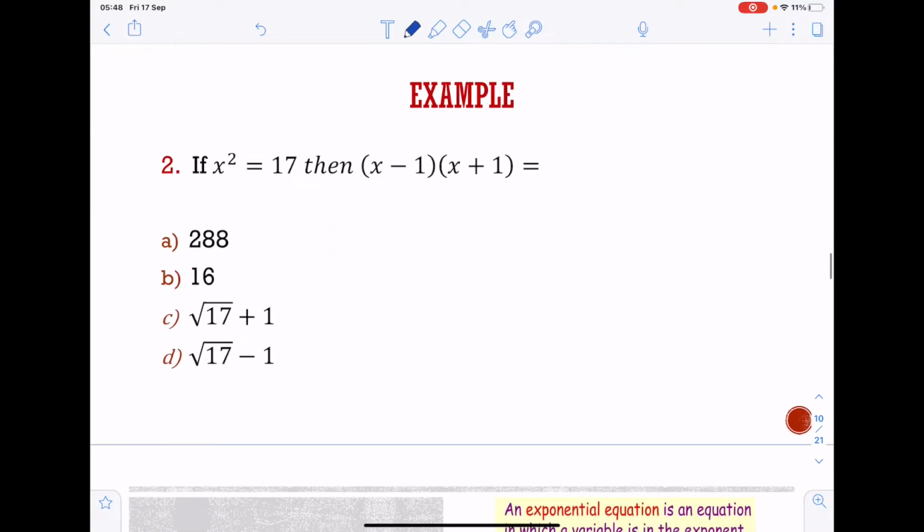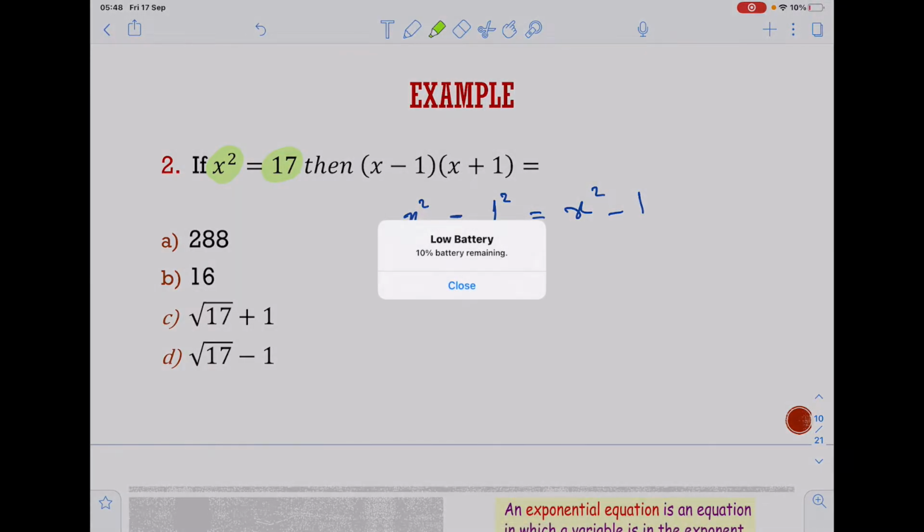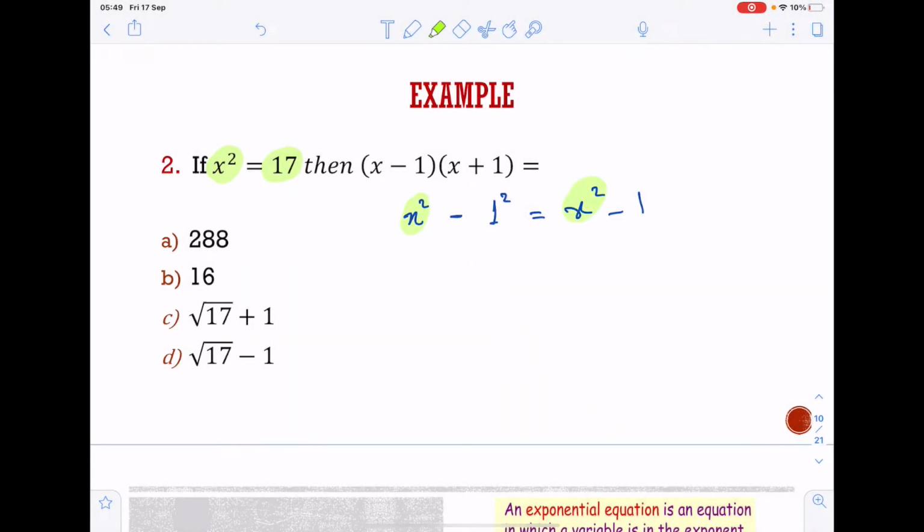Okay, second example. If x squared equals 17, find x minus 1 times x plus 1. You can see here, this is the factors of the difference of squares. So this is x squared minus 1 squared, which is x squared minus 1. Now it's given that x squared equals 17, so we substitute the value of x squared and put 17.